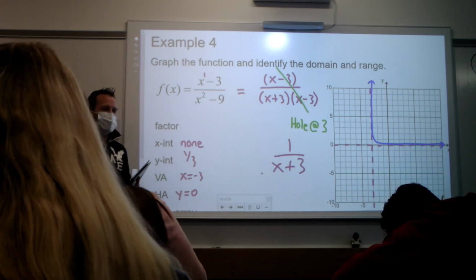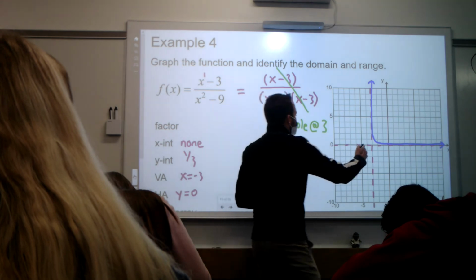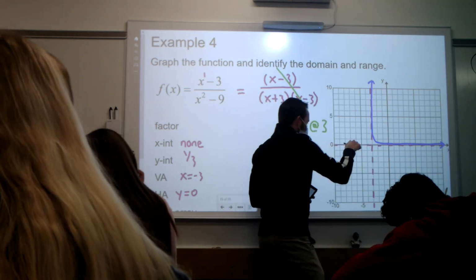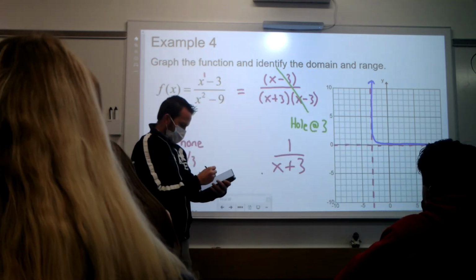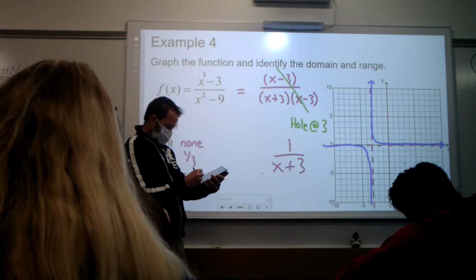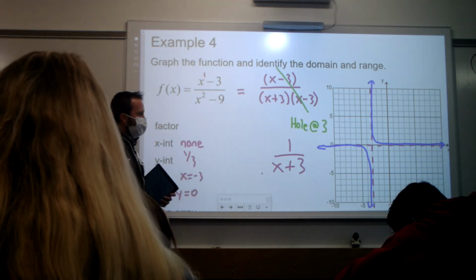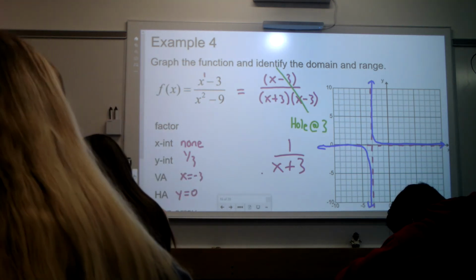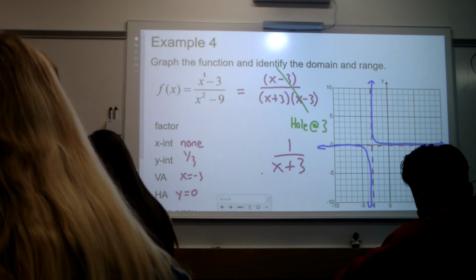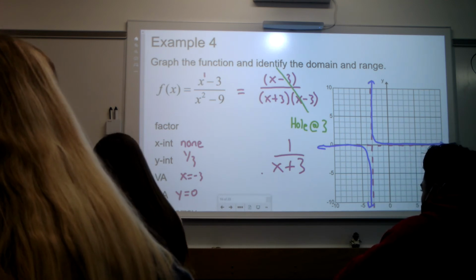Well, then what does that tell you about the left side? It's below, because if it's going up on this side, then that means it's going down on the other side. And there you go. Hey, this looks familiar, right? This is just 1 over x. Show me 1 over x with your hands.